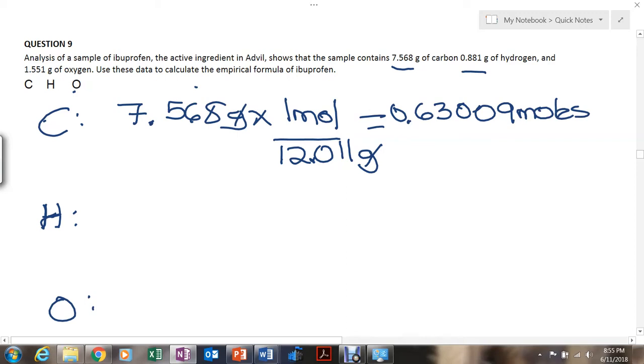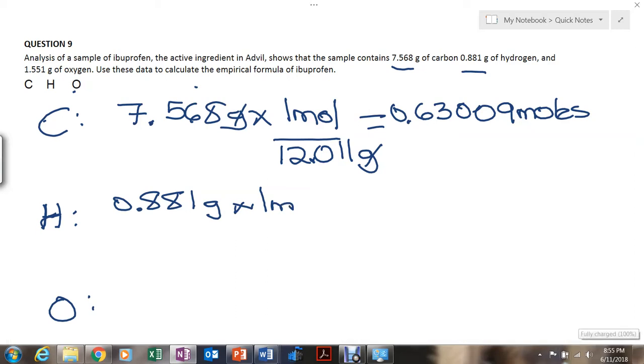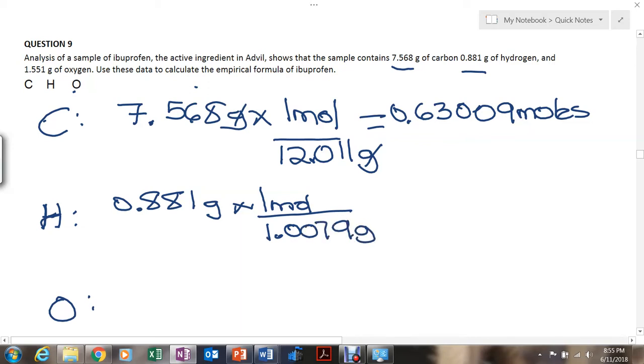Hydrogen. Hydrogen, you got 0.881 grams. One mole on top, and on bottom 1.0079 grams.